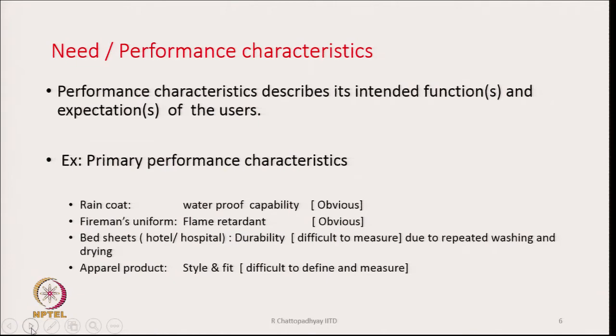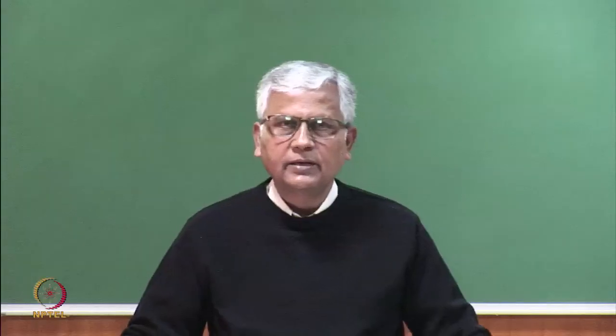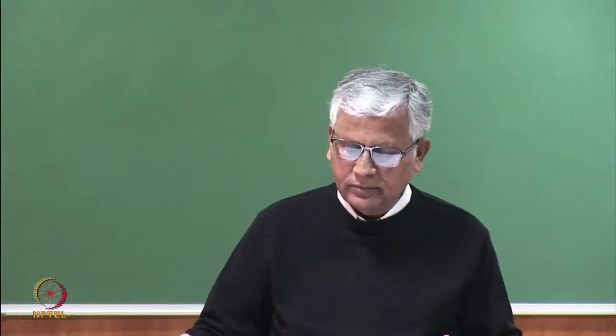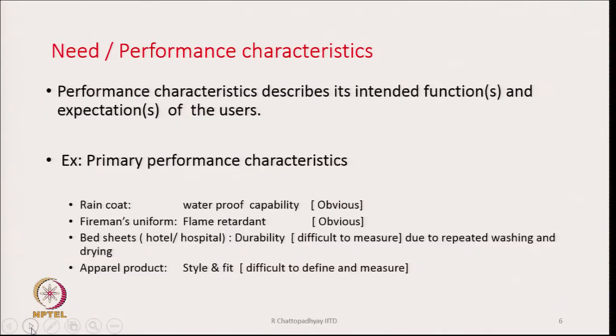Sometimes the designer himself can also find out or assign the various characteristics which should be there in a particular product. Take the primary performance characteristics in a raincoat. The moment we say the product is a raincoat, the performance characteristic is going to be waterproof capability.